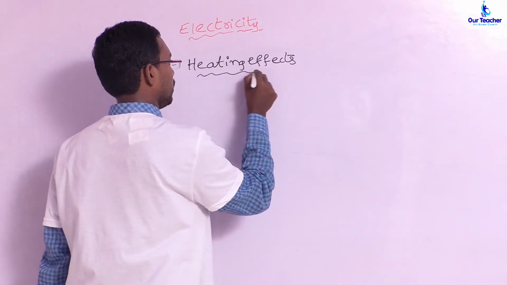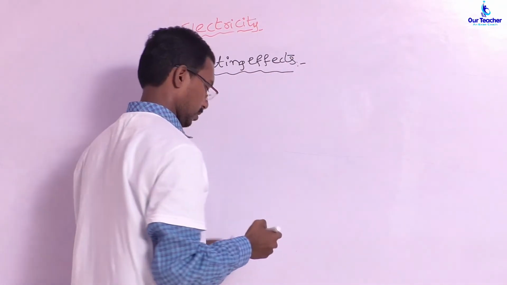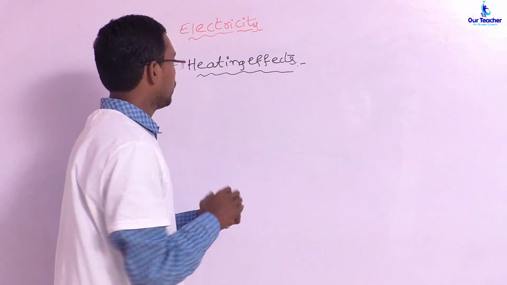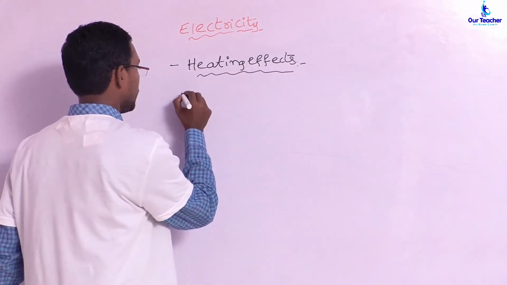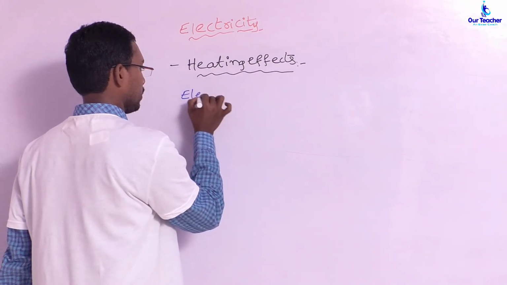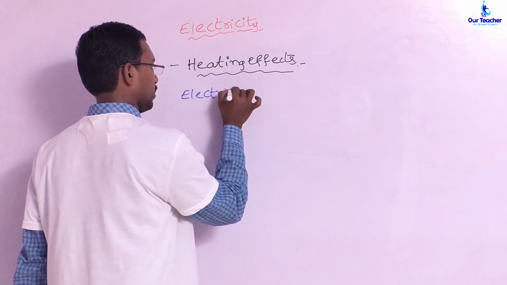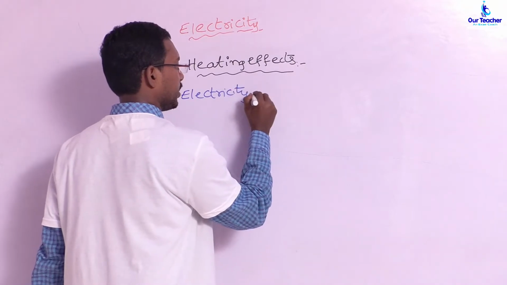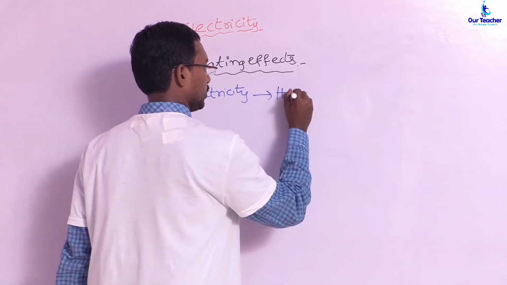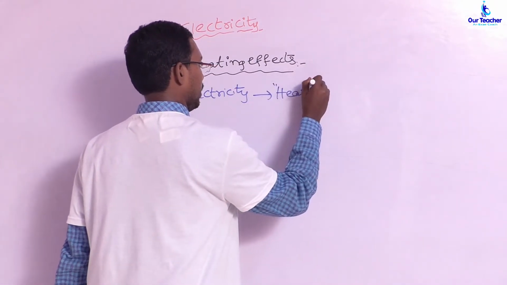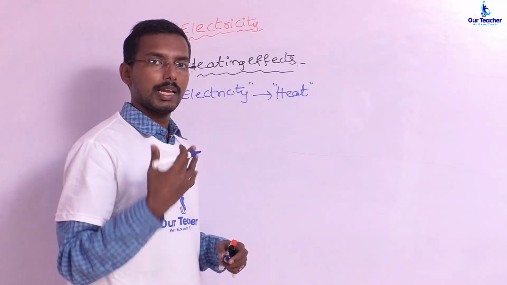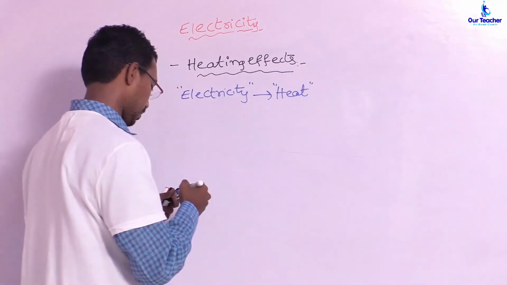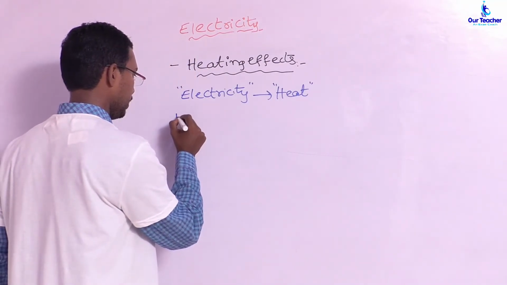What are the heating effects? These are nothing but one of the outputs of electricity. Electricity, or current, could be converted into heat. So the devices which convert electricity into heat, some examples we can clearly give here.